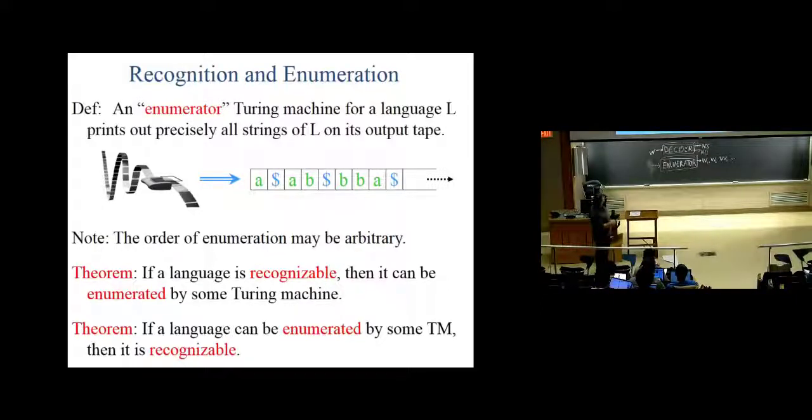Okay, so let's start with the first theorem. A language is recognizable means it can be enumerated in some order by a Turing machine, an algorithm, a piece of code, a program, doesn't matter, it's all equivalent. So why is it if it's recognizable, it could be enumerated? Right? So if you have a recognizer, let me draw a recognizer here.